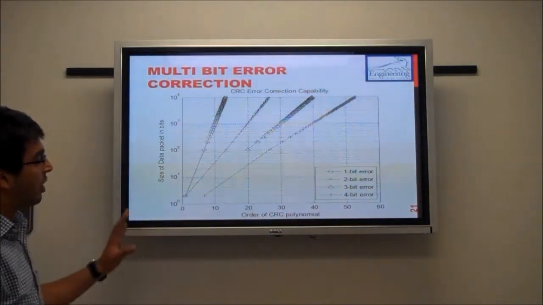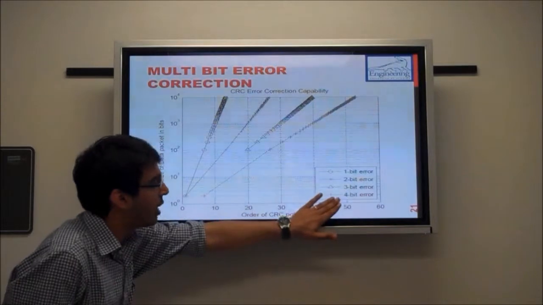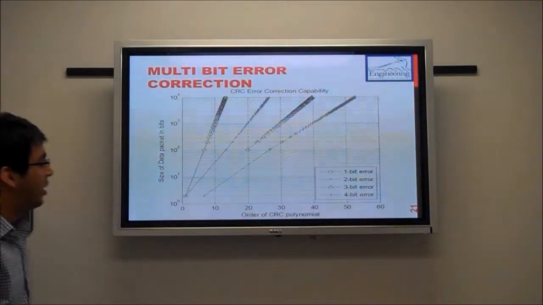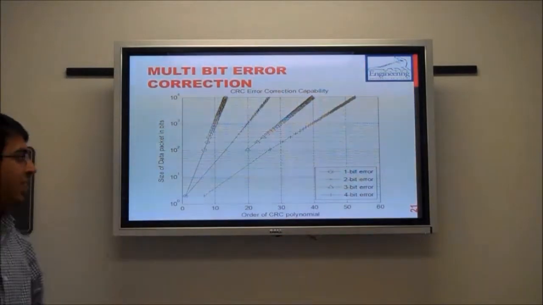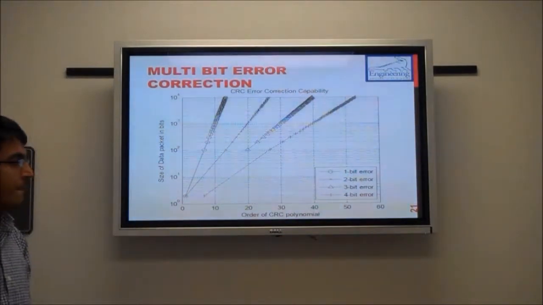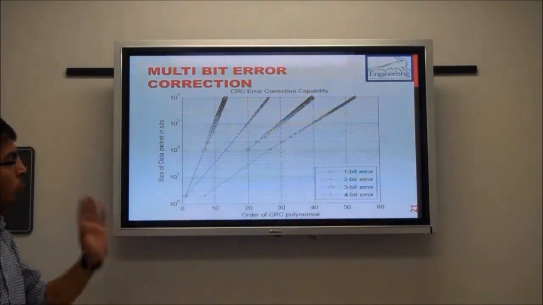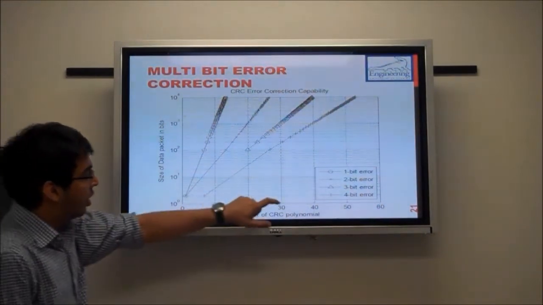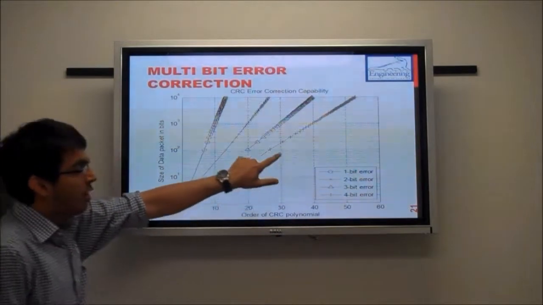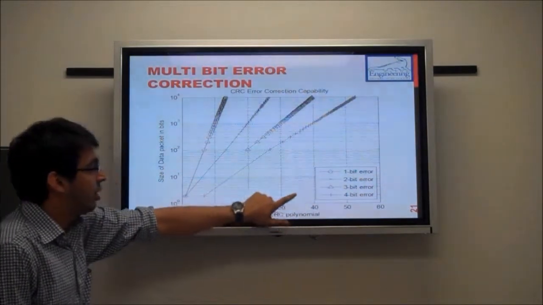Now it turns out that, as you move on to correct multiple bit errors, the amount of redundancy that you will add to the channel will increase drastically. And again, there is one big drawback in the system, which is that you first take a look at the lookup table for 1-bit error correction.